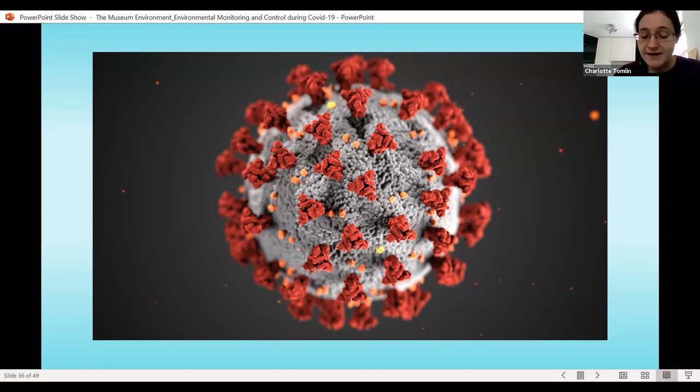In addition, the higher temperatures that have the most impact on the survival rate of the virus, we're talking about an increase up to 35 degrees, are not sustainable and are undesirable for collections and for human comfort. Therefore, current thinking suggests that our average museum environmental conditions, whilst not inhospitable to the virus, are not likely to make major gains by changing, and could in fact increase the risk of respiratory illness with the added likelihood of mould growth.